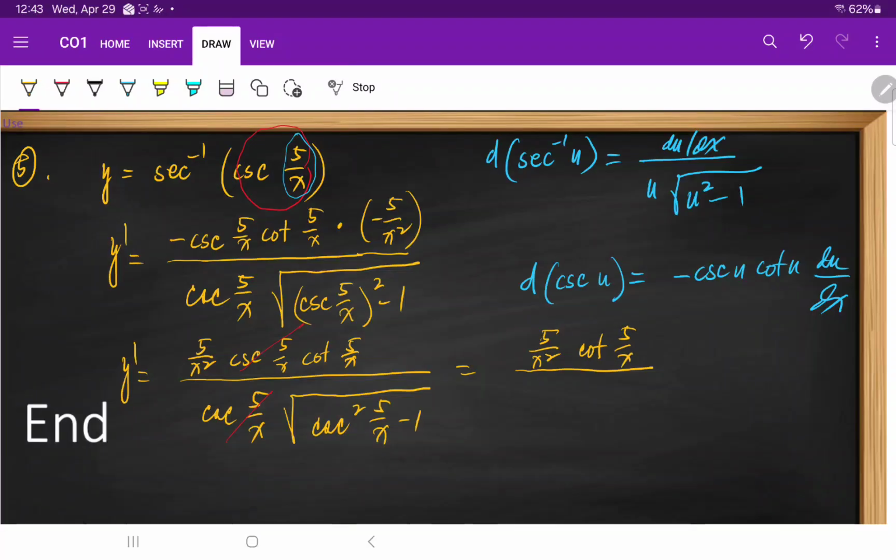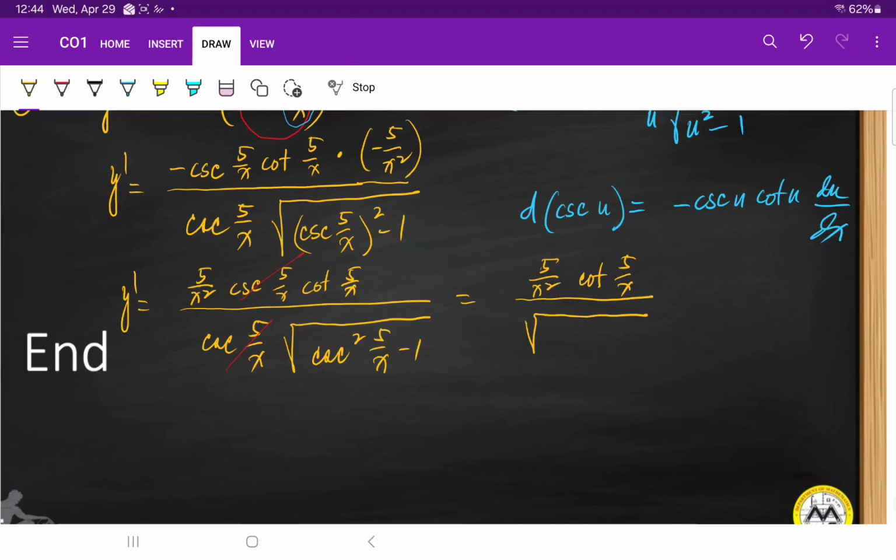5 over x squared, cotangent of 5 over x, divided by the square root of, okay, now, we have an identity that 1 plus cotangent square x is cosecant square x.